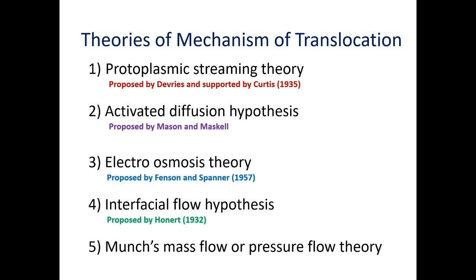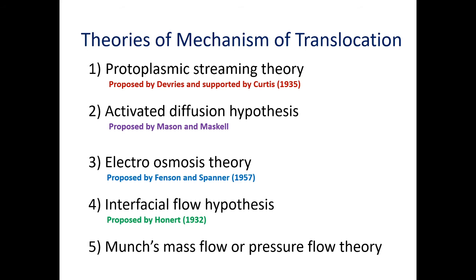This theory suggests that the sugars move down from the source to the sink, that is, from leaf to other parts of the plant body, along a concentration gradient by activated diffusion. Activated diffusion is nothing but making use of energy, that is, it requires energy for accelerating diffusion.